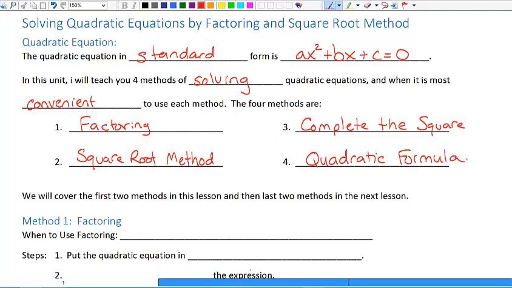We are going to cover the first 2 methods in this lesson, factoring and square root method, and then the last 2 methods actually in the next lesson, completing the square and quadratic formula.